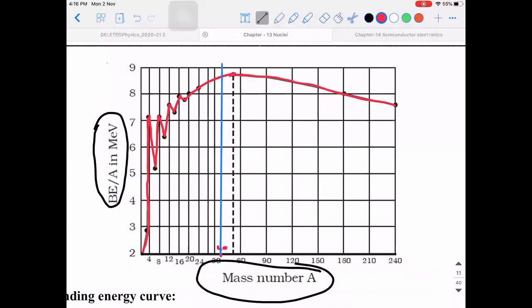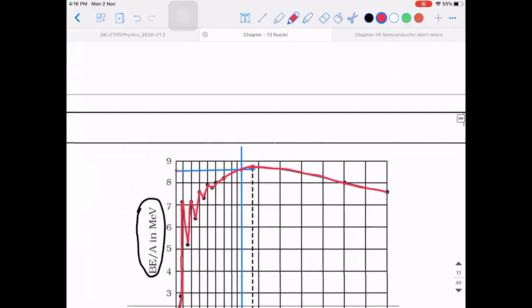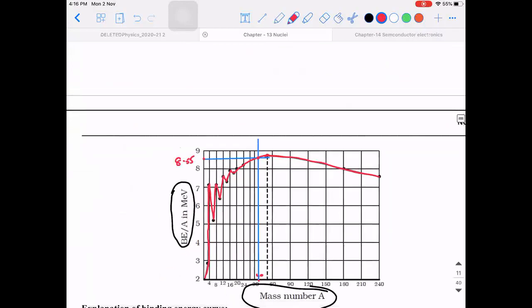If I take a line perpendicular to the x-axis, then a line perpendicular to the y-axis such that it meets at this point, is this not the value that you got? 8.55 means exactly the midpoint. Are you guys able to understand? So this is what you found.